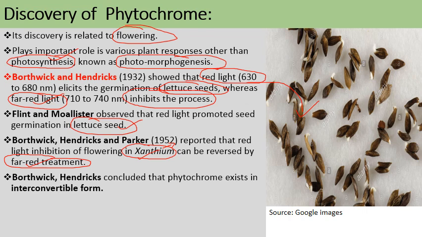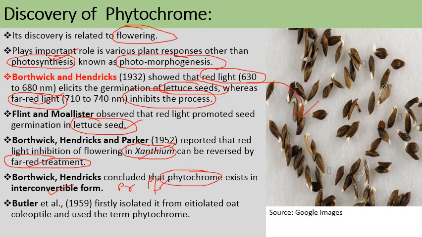Then Borthwick and Hendricks concluded that this phytochrome exists in interconvertible forms, that is Pr and Pfr. So this pigment exists in interconvertible form. The next workers were Butler et al.